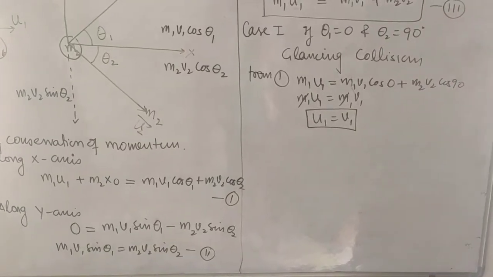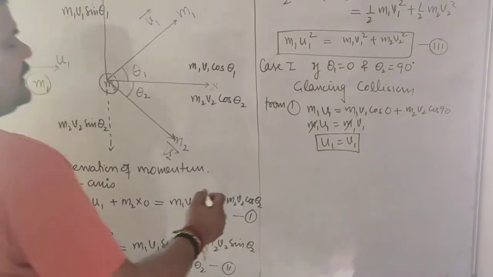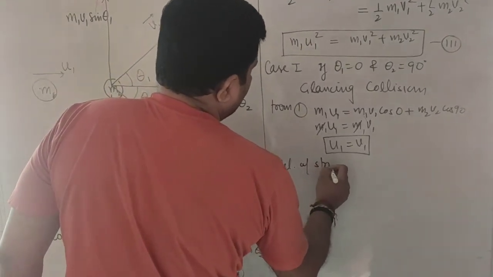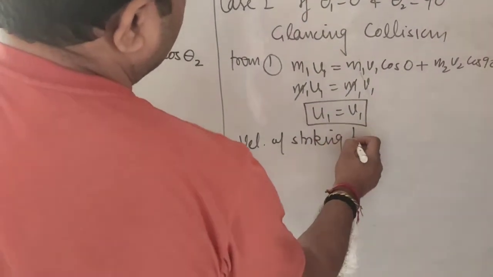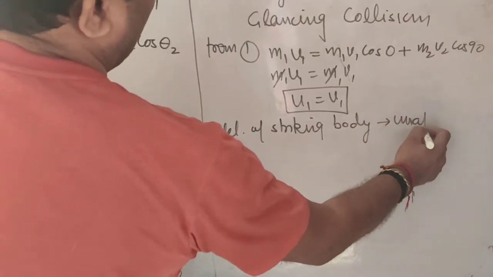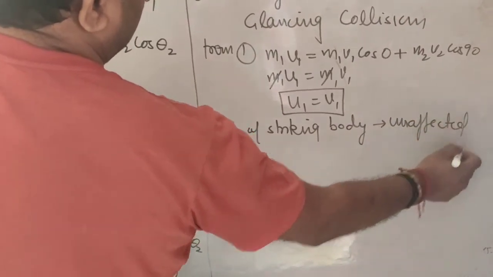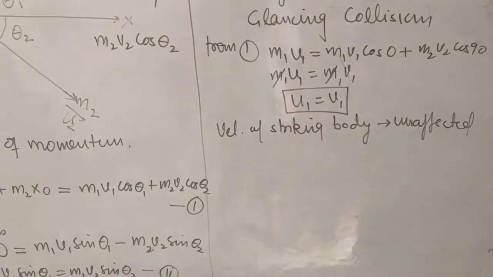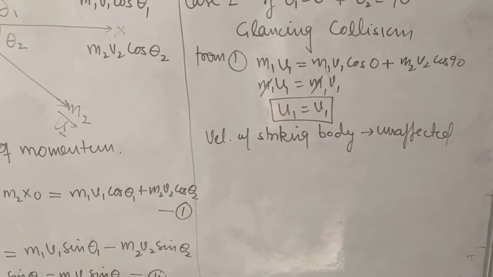In glancing collision, the velocity of the striking body is unaffected. The kinetic energy has no relation with the angle, so it will remain as it is.